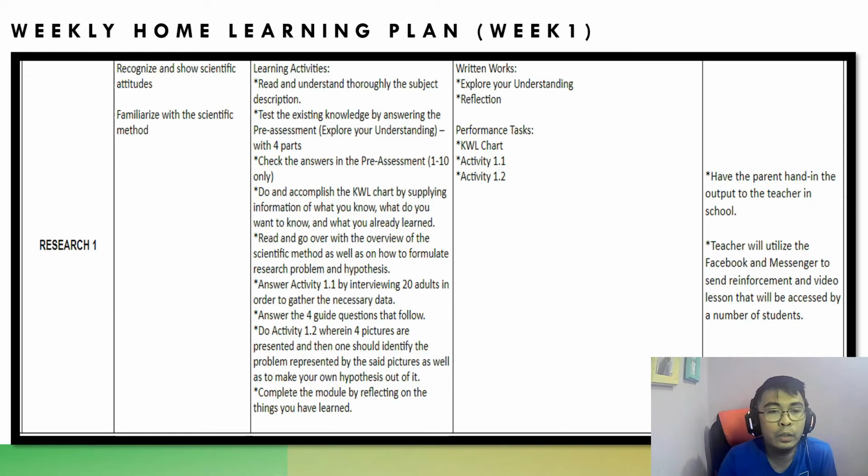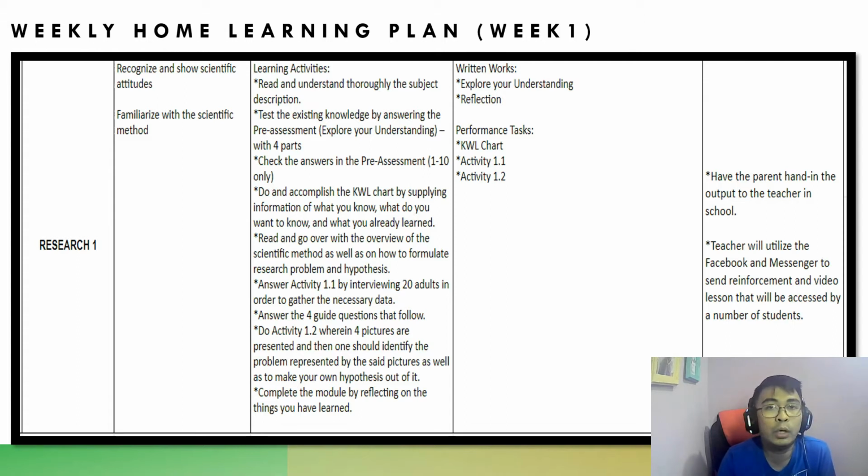Next, read and go over an overview of the scientific method as well as how to formulate a research problem and a hypothesis. Followed by, answer activity 1.1 by interviewing 20 adults in order to gather the necessary data, and then answer the four guide questions that follow.